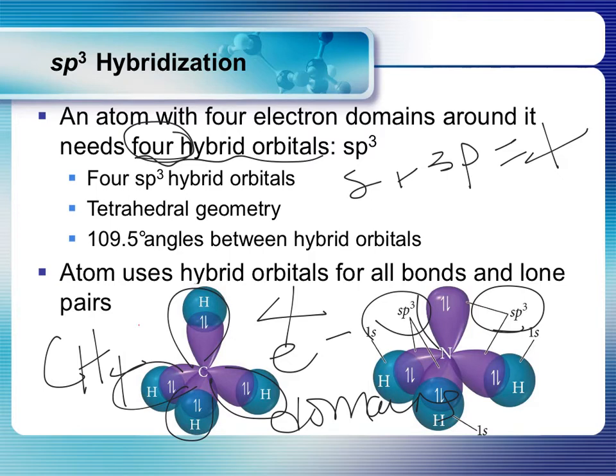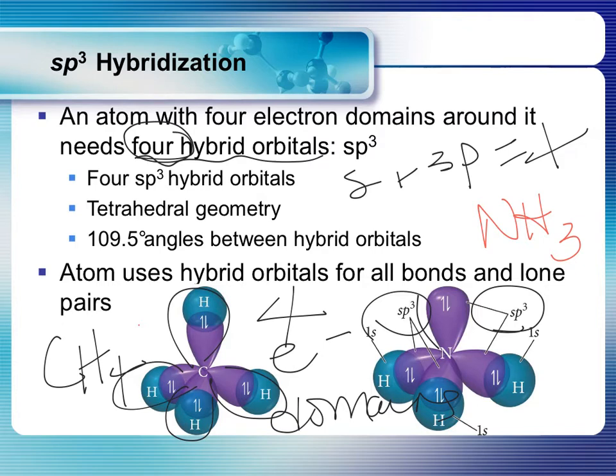So one thing to write down and commit to memory is when you're determining hybridization, you're looking at the number of electron domains around the central atom. So let's look for a minute at ammonia, NH3. Before you determine shape, polarity, or hybridization, you must draw a Lewis dot structure.